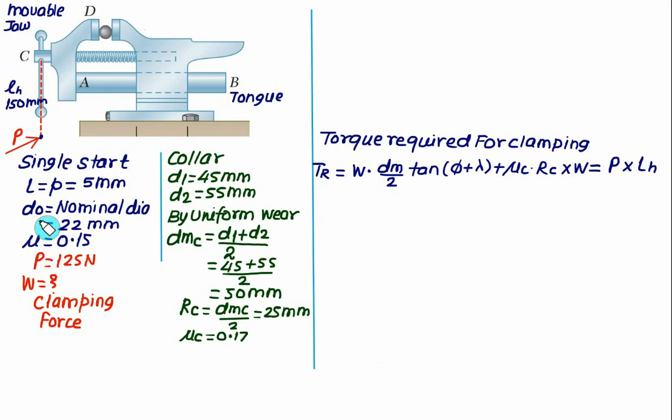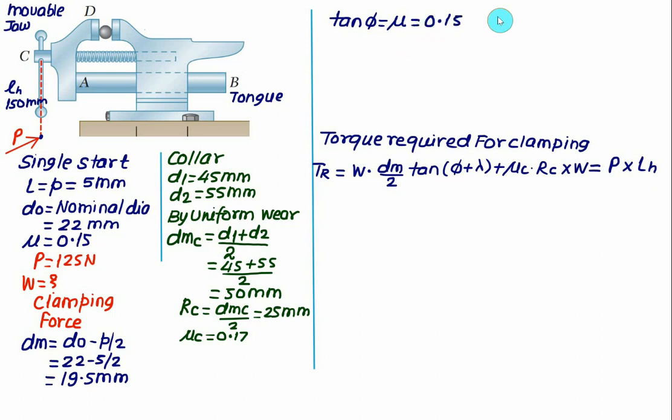Since we know the value of D0 and the pitch, the mean diameter of the screw dm will be D0 minus pitch / 2. In this case, D0 is equal to 22 and the pitch is 5, divided by 2. So we have 22 minus 2.5, which is equal to 19.5 mm. So dm is known. Next is the value of phi. We know that tan phi is equal to mu, which is equal to 0.15.